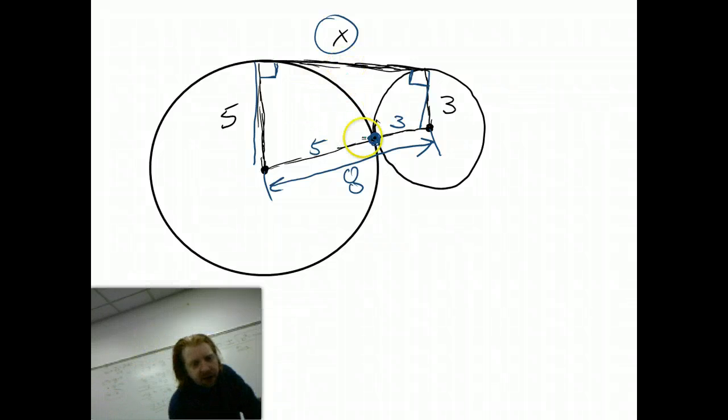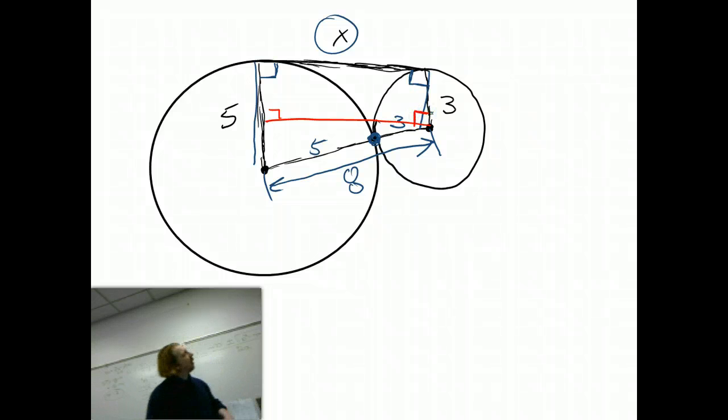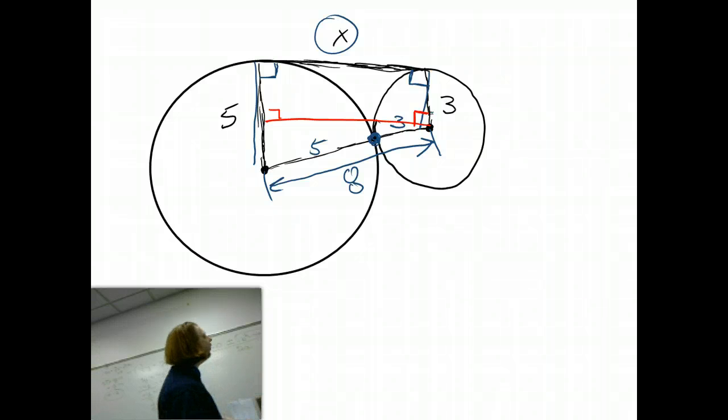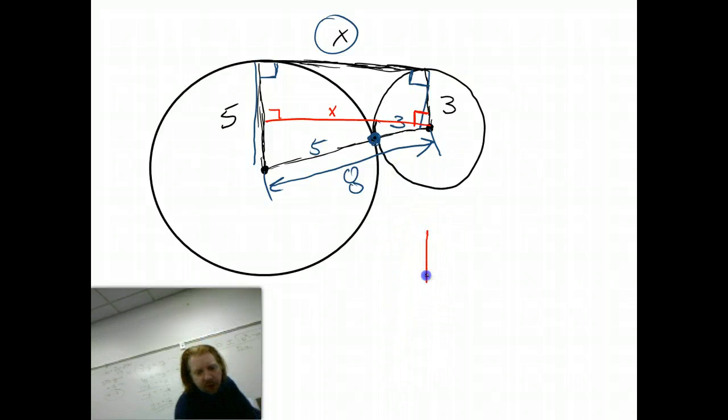However, I can take this line here and move it down so it's right here. I'm just going to slide it down the rails of that 3 and 5 radius until it bumps onto the center of the smaller circle. So now this length is x, which means I'm working with this right triangle.